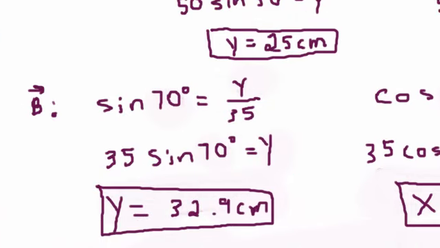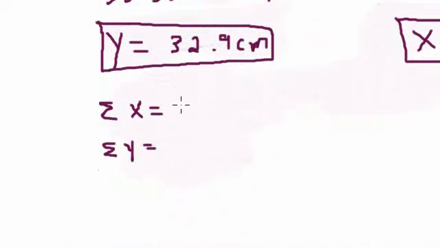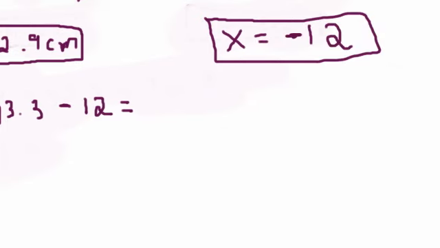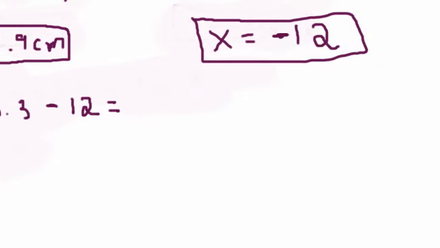And then we just said that the x component for the second vector is negative 12. Okay, that is right here. That's the negative 12. So let's use the calculator and see what that gives us. 43.3 minus 12. That gives us 31.3.